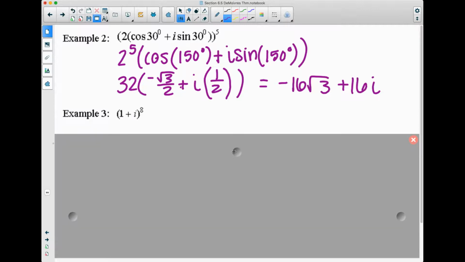the other ones have been written in trig form. We need to first change the complex number to trig form. So go ahead and try this one out.